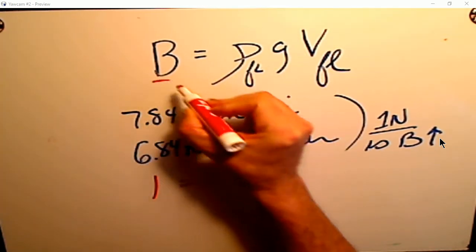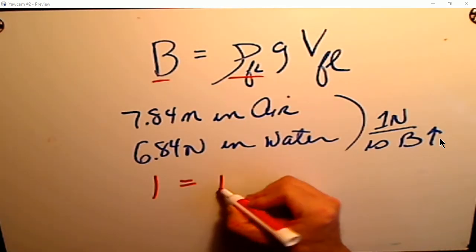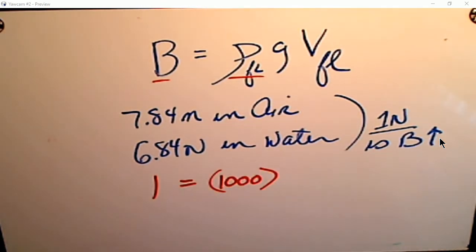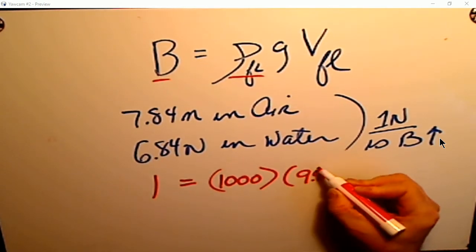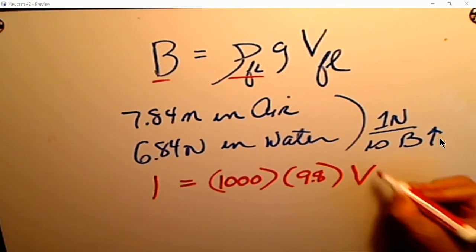The density of the fluid displaced is water, which is 1,000 kilograms per meter cubed, times gravity, times the volume.